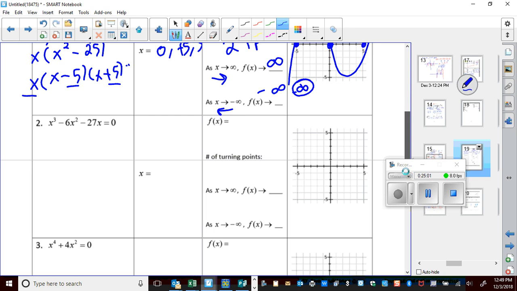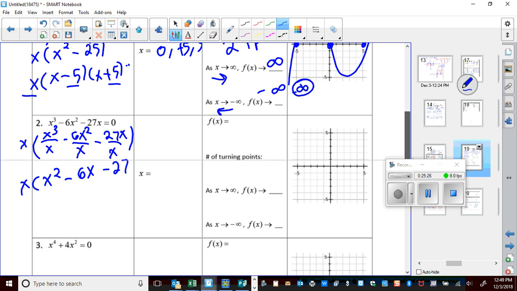Now for x cubed minus 6x squared minus 27x, I can factor out x. There's an x in each term, so it comes out. And I divide each term by x. I get x times x squared minus 6x minus 27. Okay?